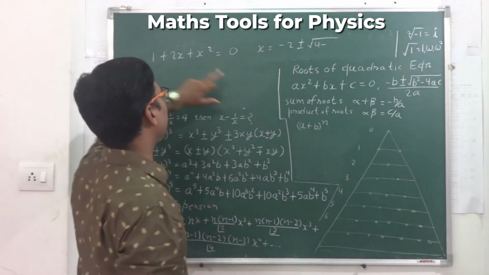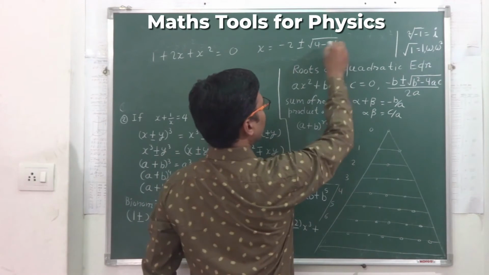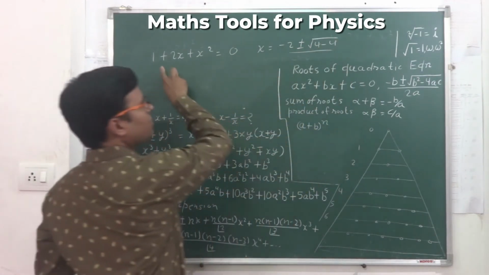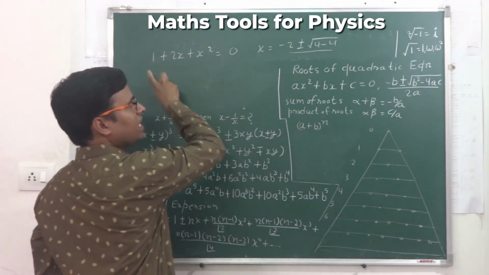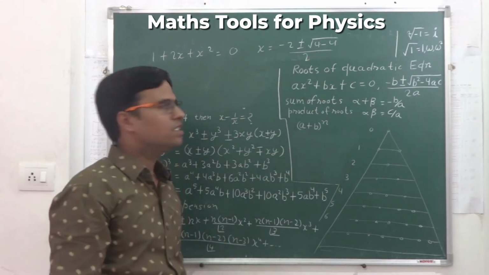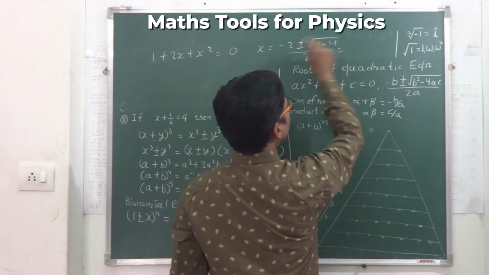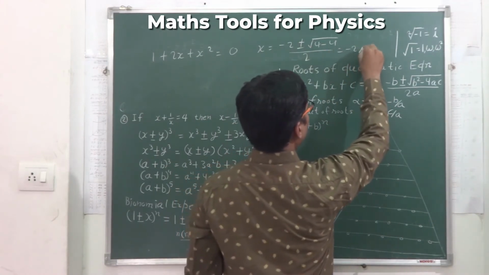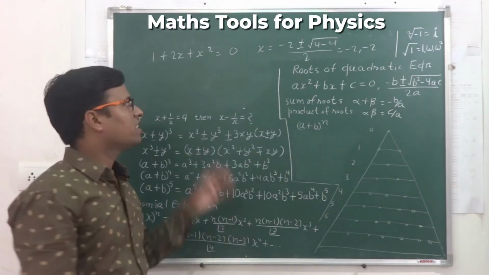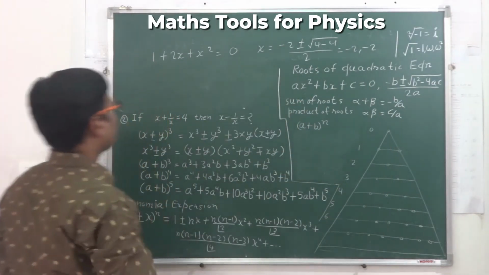So 4 multiplied with 1 and 1, that is equal to 4, and divide it with 2a. So 1 is a, we can write here 2. Easily you can get it equal to minus 2 and minus 2. Both roots of this equation are equal, minus 2.